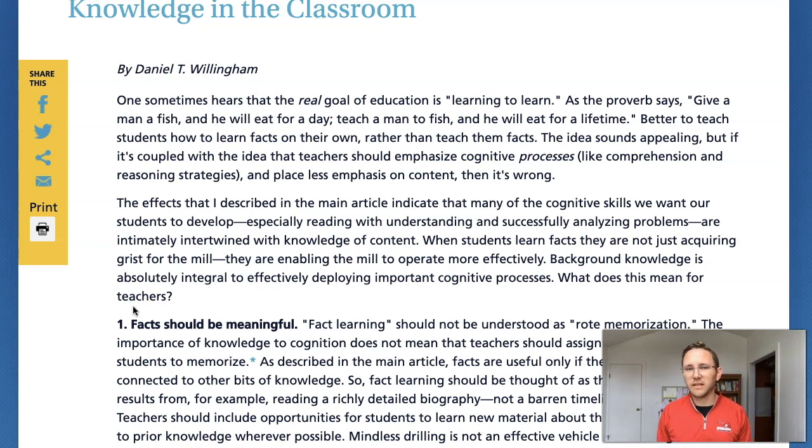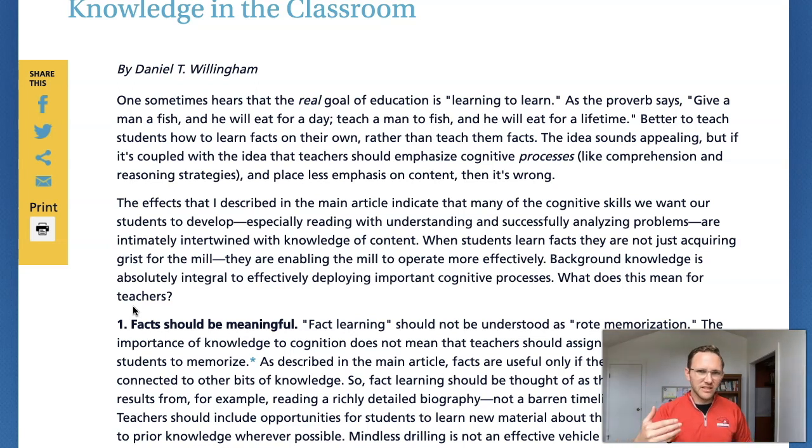The idea sounds appealing, but if it's coupled with the idea that teachers should emphasize cognitive processes like comprehension and reasoning strategies and place less emphasis on content, then it's wrong. Just straightforward. The effects that I described in the main article indicate that many of the cognitive skills we want our students to develop, and we do, we want our students to read with understanding, we want them to listen with understanding, we want them to analyze problems, we want them to be good thinkers, we want all those things for our students.